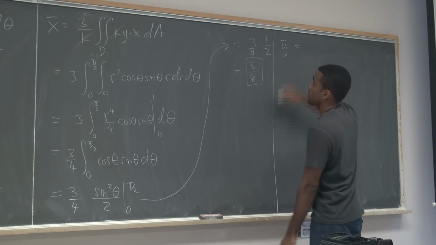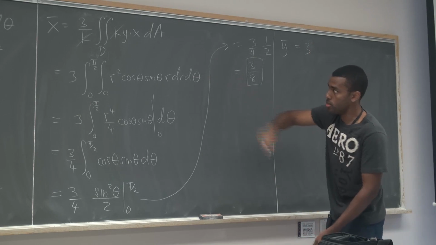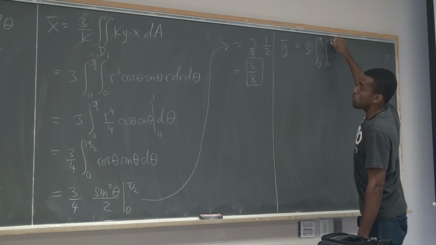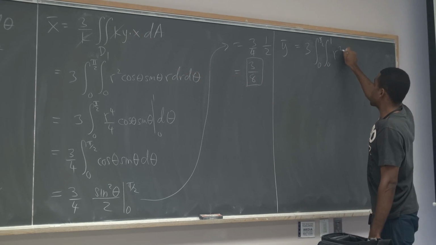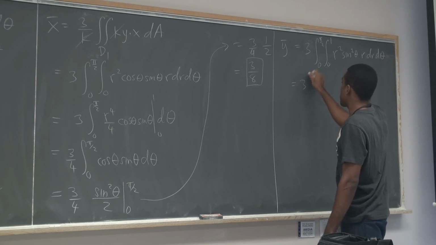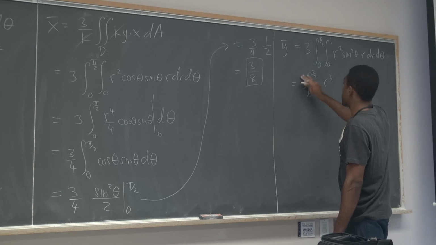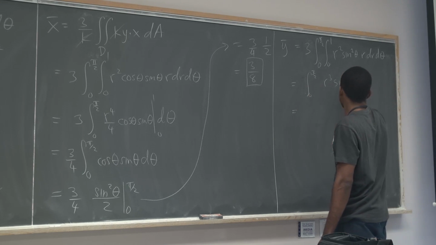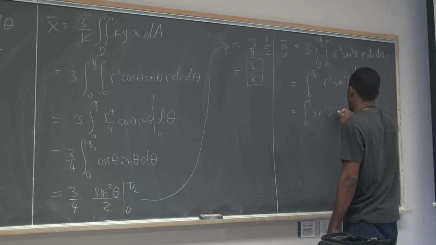Y bar is going to be 3 over k. The k is going to cancel just as before, and I'd have to double integrate from 0 to pi over 2, 0 to 1, y times y, so that's y squared, which is r squared sine squared theta, r dr d theta.